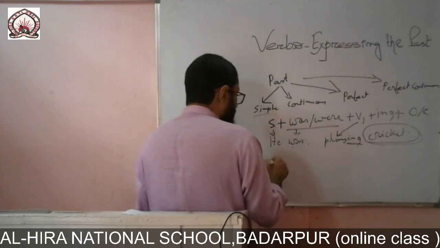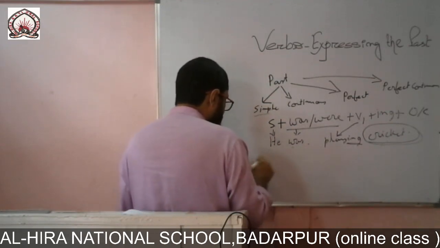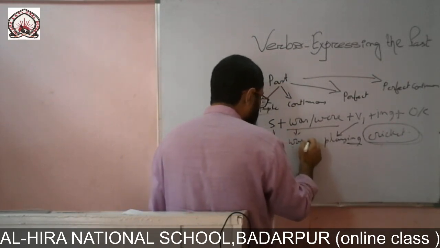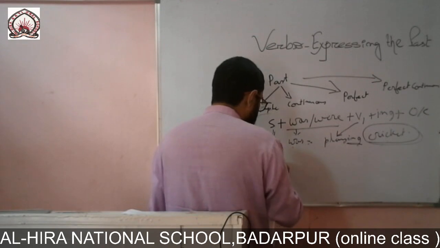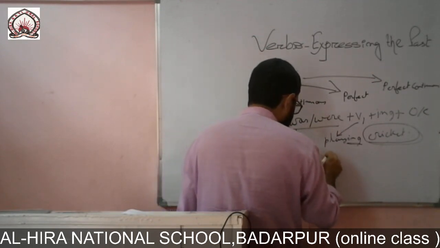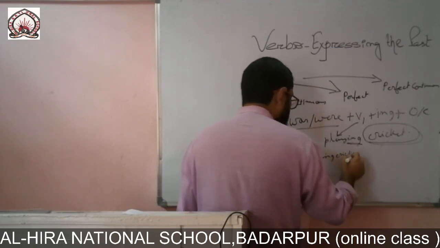Then how to make it negative? Negative is very easy, just put the not right after the auxiliary verb. He was not playing cricket.